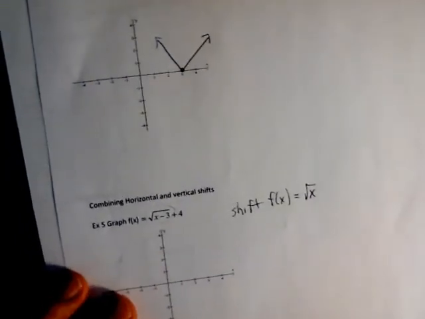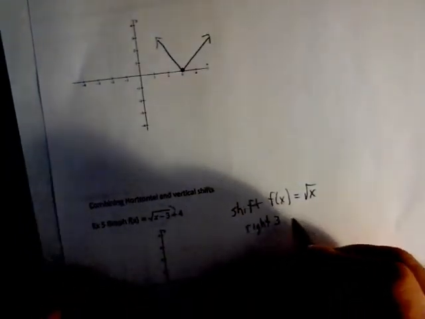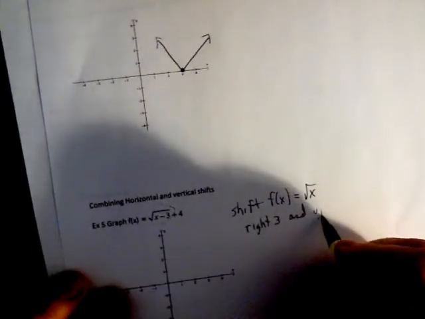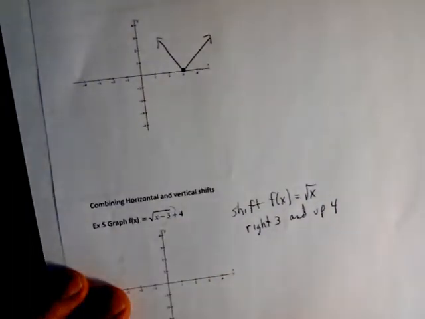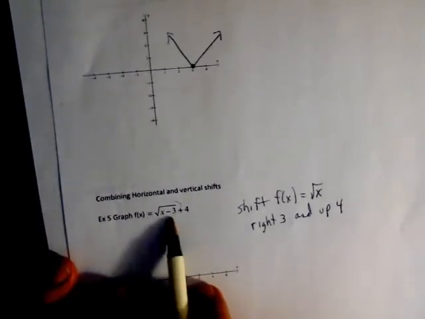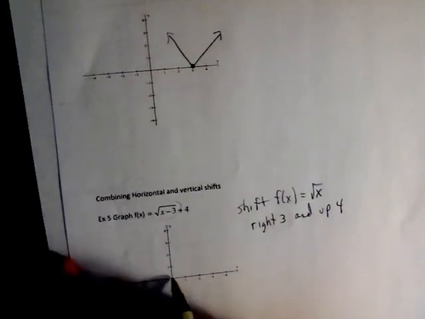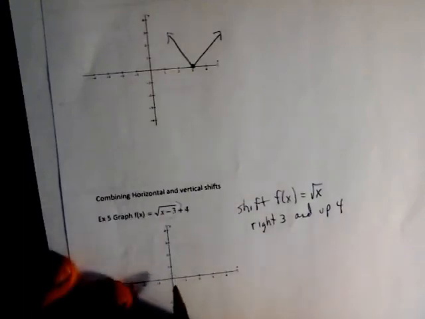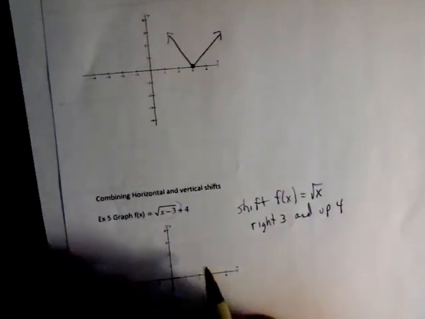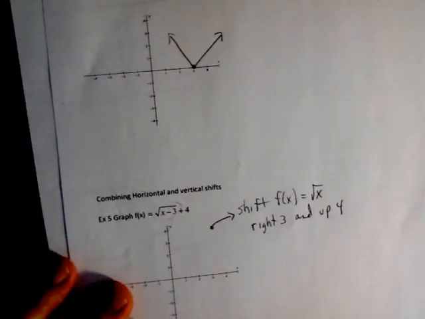I'm going to shift that main graph right 3 and up 4. Horizontal, opposite the sign, vertical with the sign. So I would take that 0, 0 point and go right 3, up 4, which moves it to there, and then I sketch it.